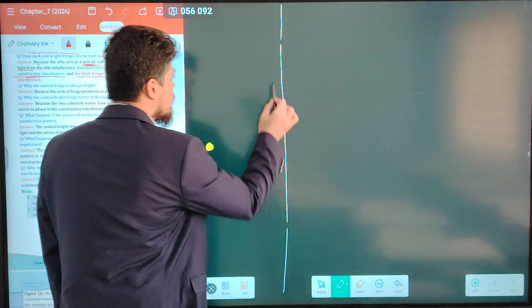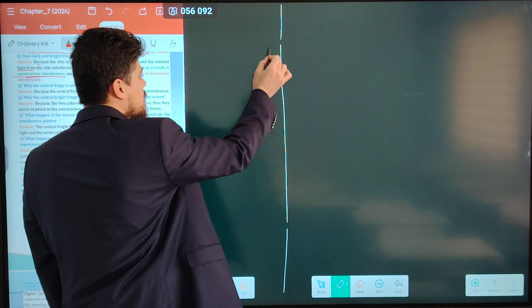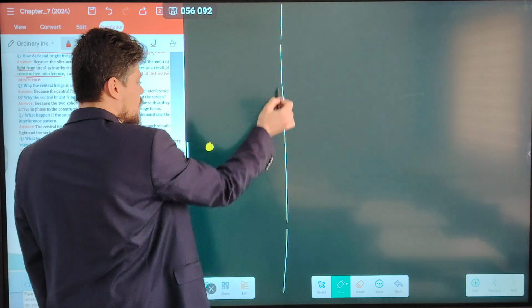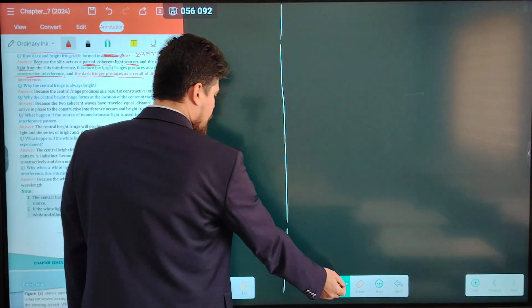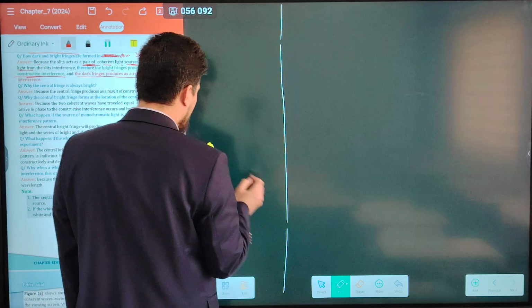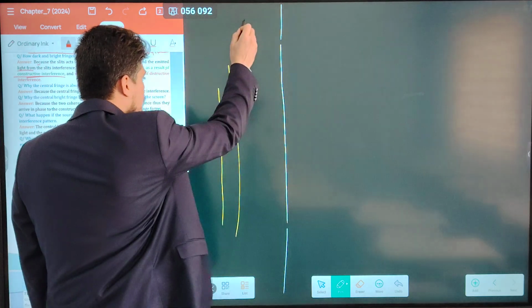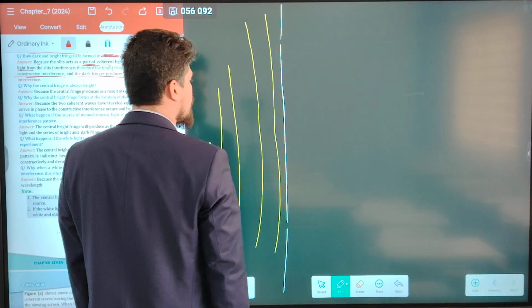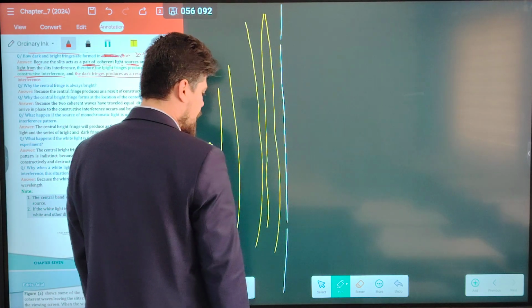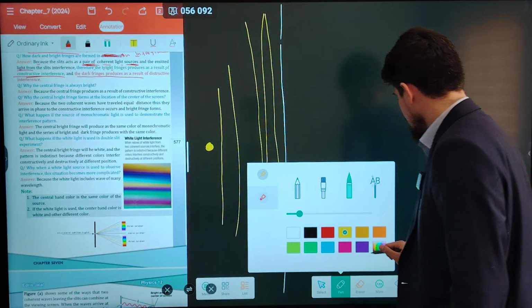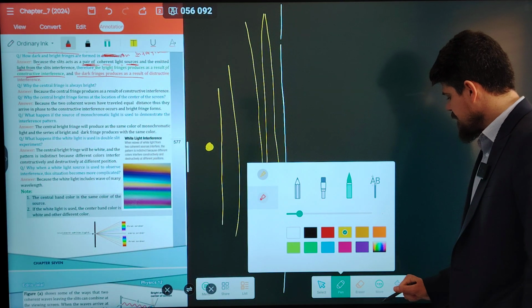This distance is called the slit separation, from this slit to this slit. And this is the wavefront that comes out from the source. And assume that there is a screen here.